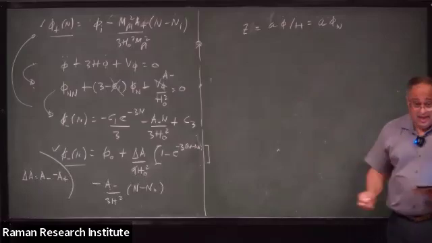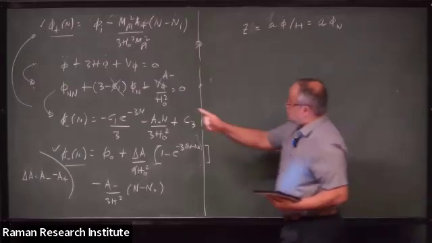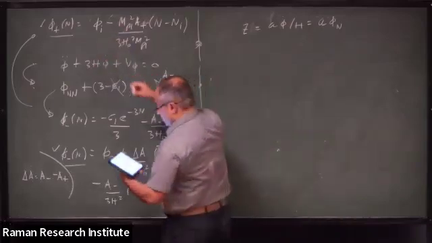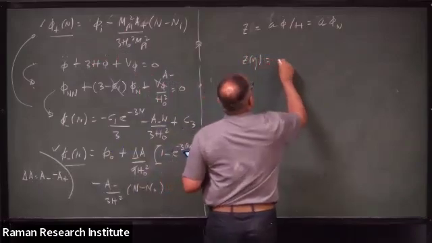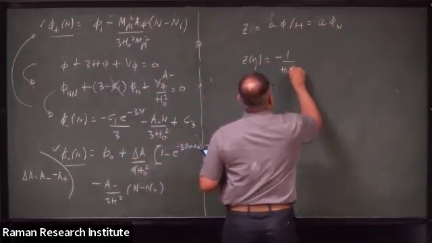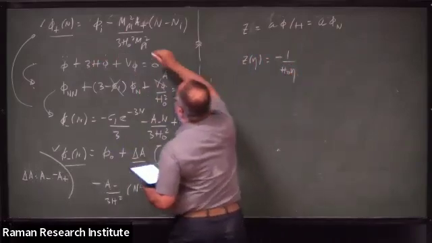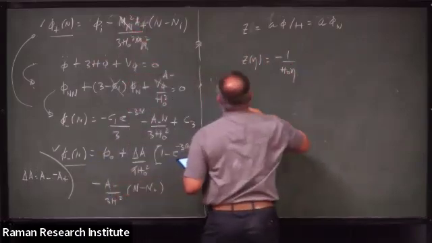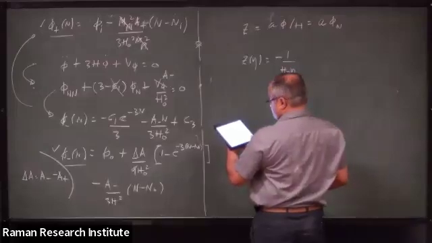And what is a? a is given by the de Sitter value. What is phi_n before the transition? You can calculate easily. z of eta is a phi_n, which is minus 1 over H naught eta. What is phi_n? There is a minus that comes in.